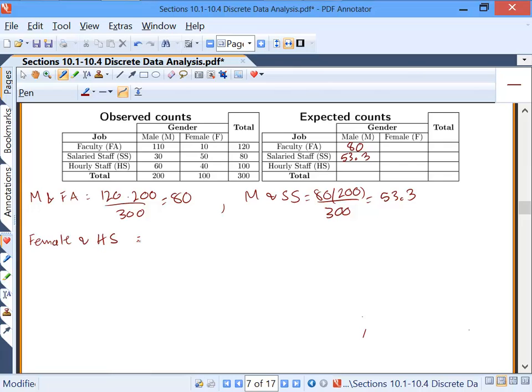What's my row total for hourly staff? Hourly staff gives me a row total of 100. The column total for females is 100 as well, and divide by the 300, which gives me 33.3. And you can just put the rest in your calculator. At this point, you should see the pattern. And we have 40, 26.7, and 66.